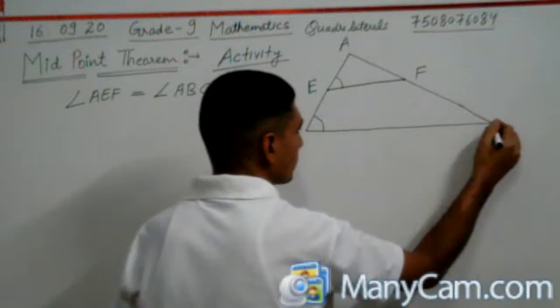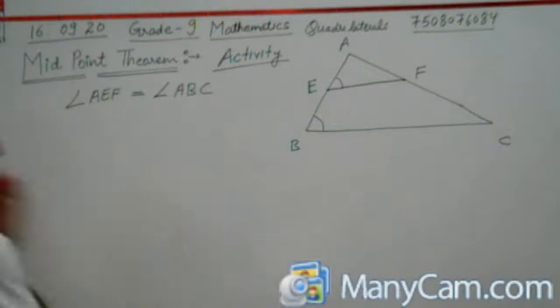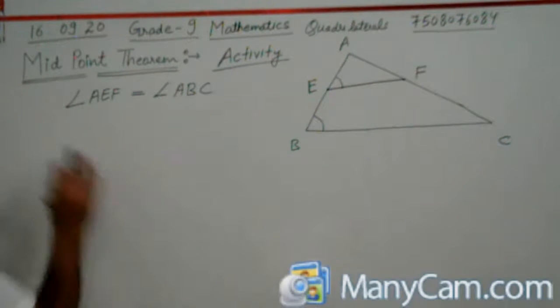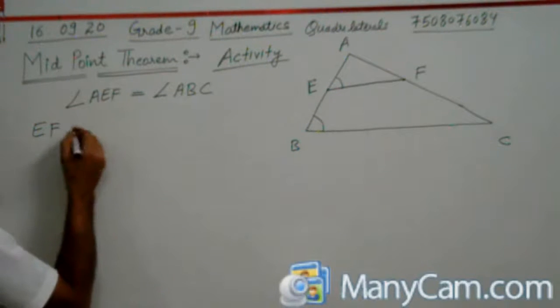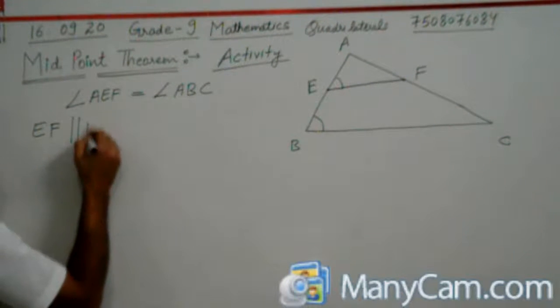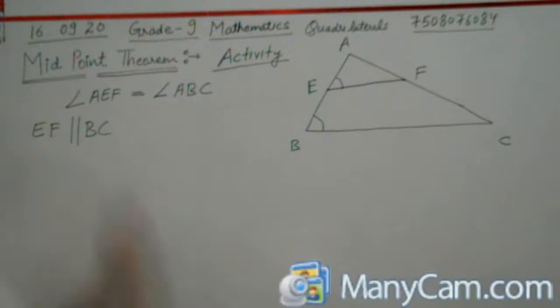Now you will find that EF is parallel to BC, right?